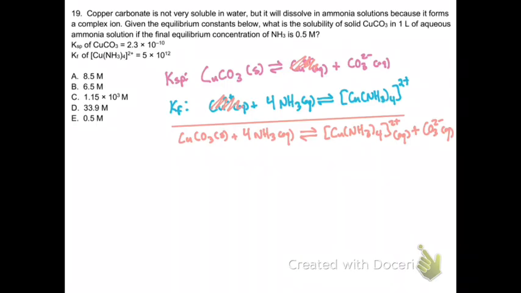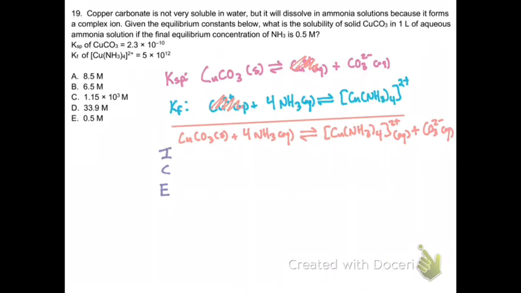But before we do any ICE table, we can just put the ICE here. Generally speaking, whenever you want to find molar solubility, that's going to be the key. But how can we get the KEQ for this overall reaction that we made? Anytime you have a KSP and a KF in a problem, you're probably going to be combining them together.